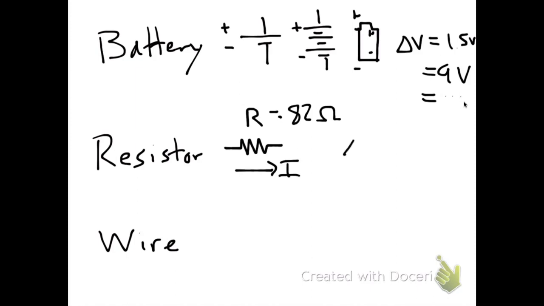And what happens is when you have current flowing through a resistor, there's a voltage drop. So the delta V across the resistor is negative I times R, according to Ohm's law. And the negative sign comes if you're going in the direction of the current.